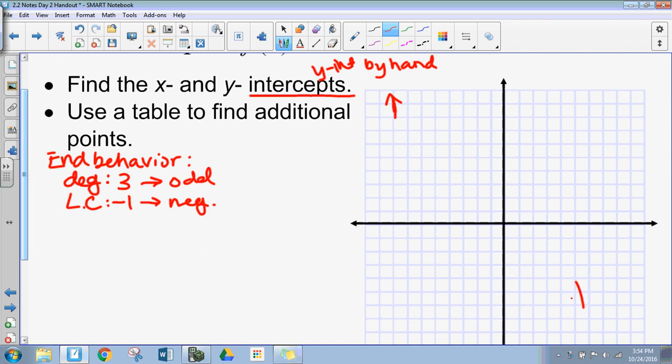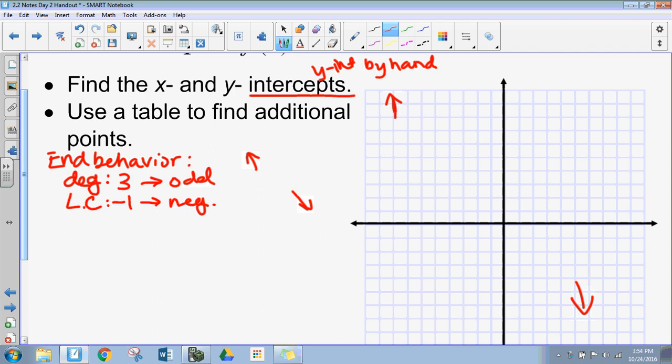Okay. So that's your end behavior, up and to the left, down and to the right. So just kind of make a sketch for yourself. That's what's going to happen at the end. Okay. So something else is going to happen in the middle, but that's eventually where we're going to end up going.